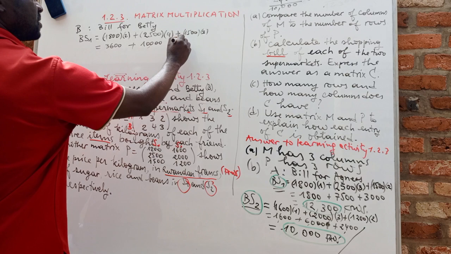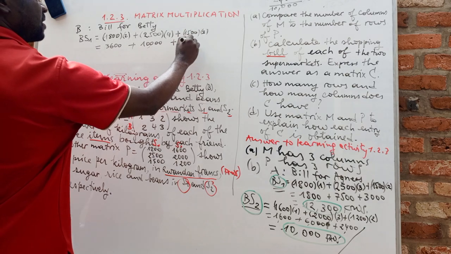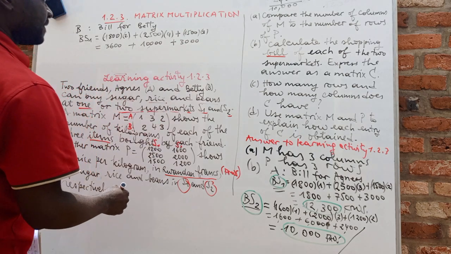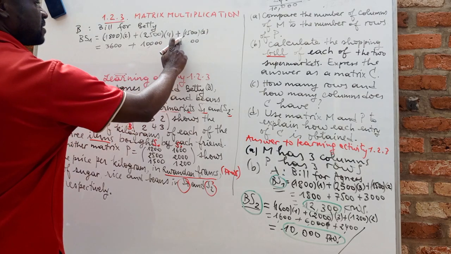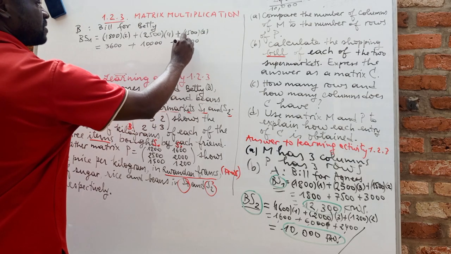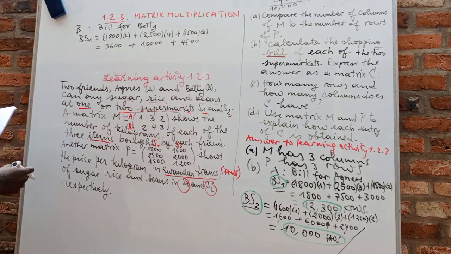Now plus 30,000. No, 45. Sorry, this is 45. 15 times 3 is 45,000.